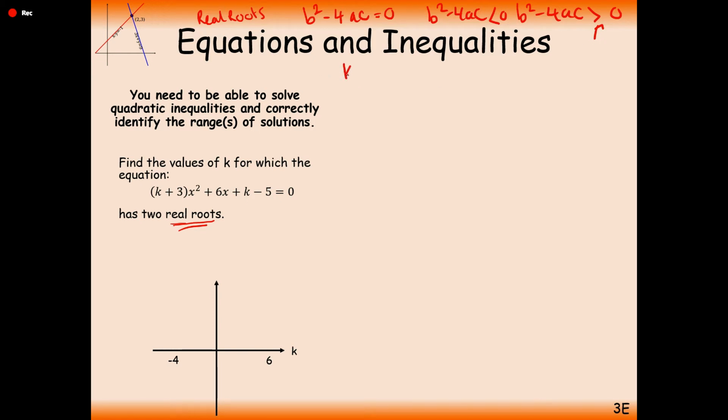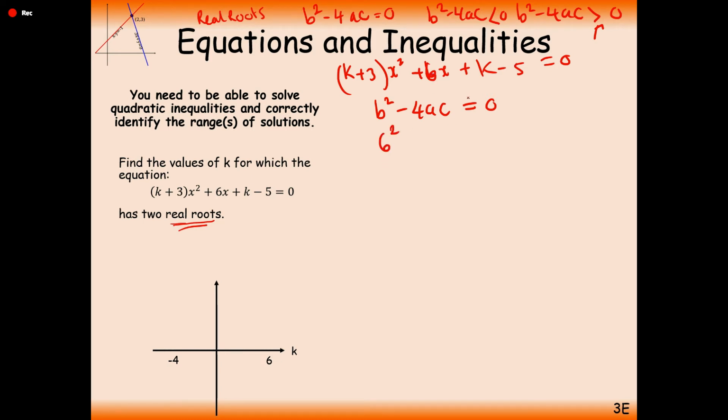So let's write the formula. k plus 3 x squared plus 6x plus k minus 5 is equal to 0. Now b squared minus 4ac is equals to 0. Therefore we can say that our b is going to be 6.